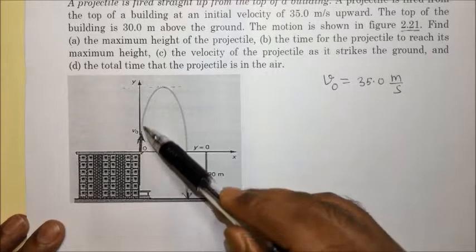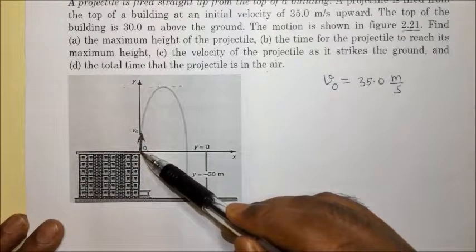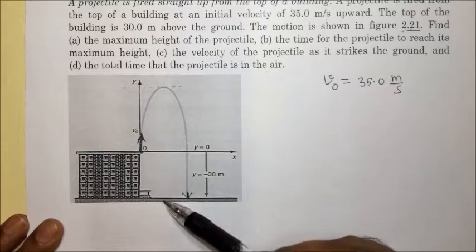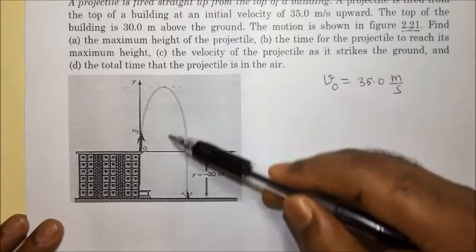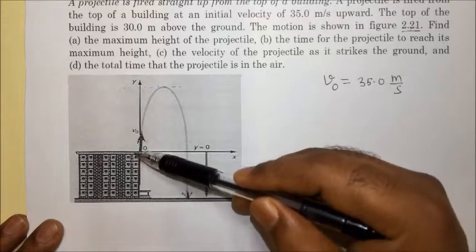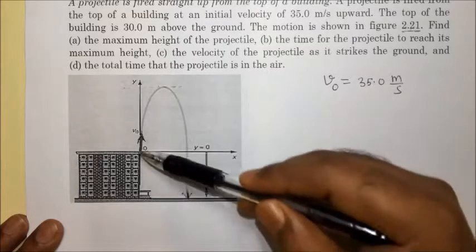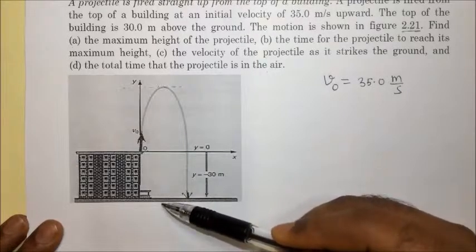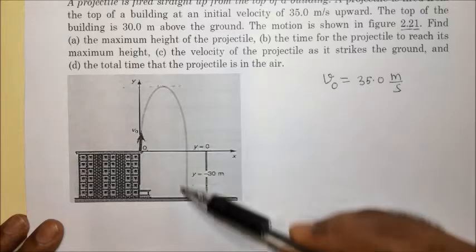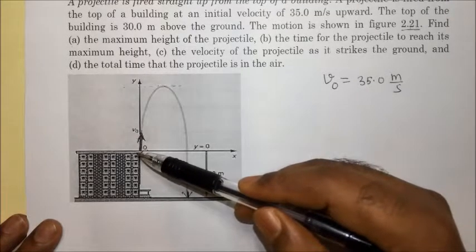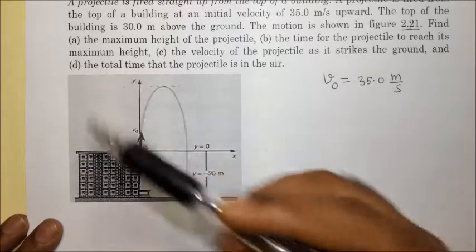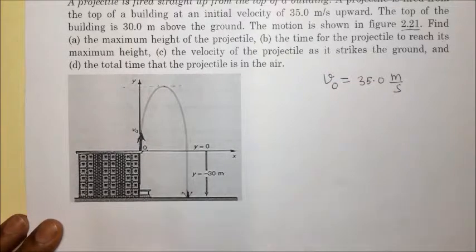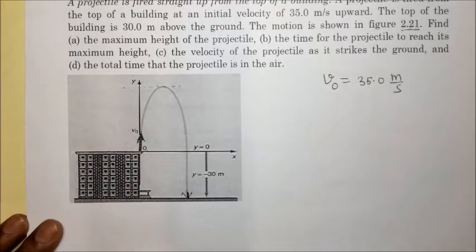So total time from the point you throw, and then it goes to the top and comes back to the ground. From the top of the building to the ground, how much time does it stay in the air? So it will be the total time to go to the top, and from the top come back to the ground. Okay, that's the total time we are looking for.